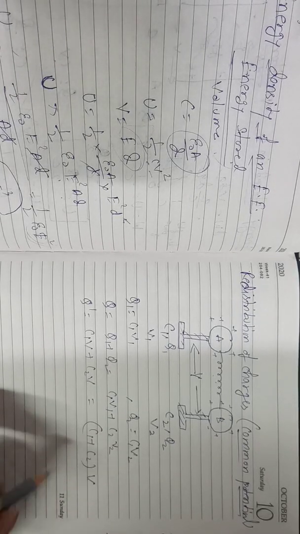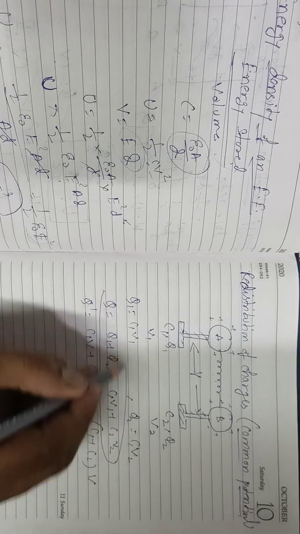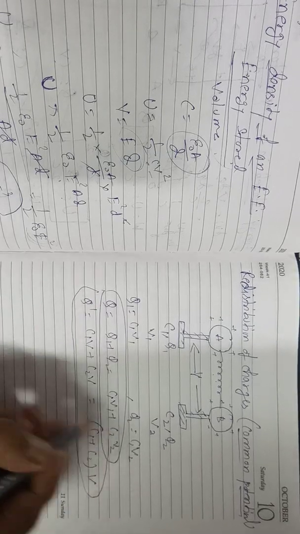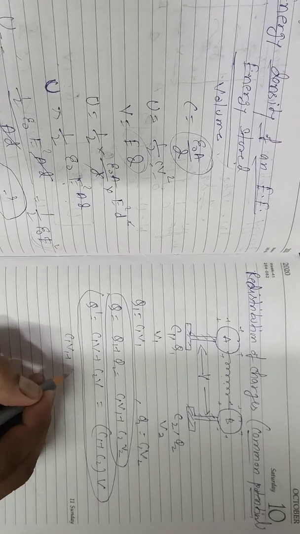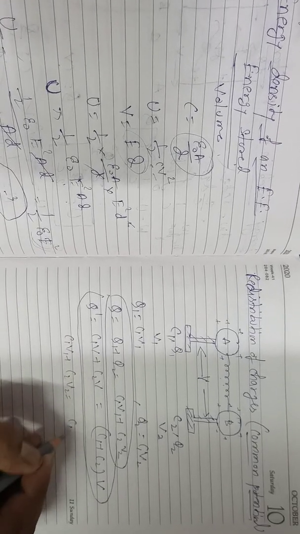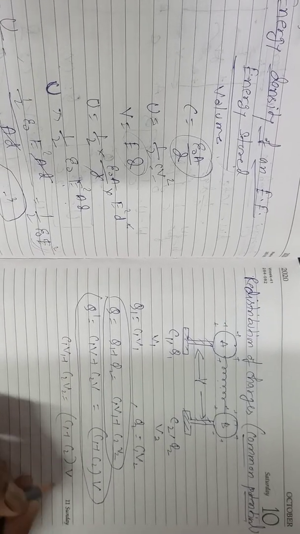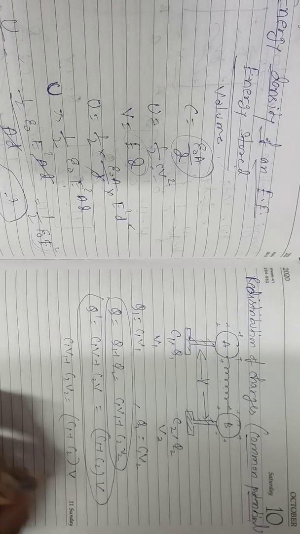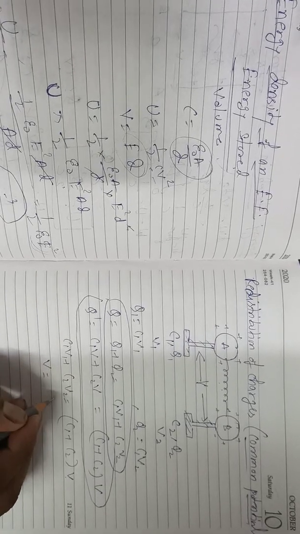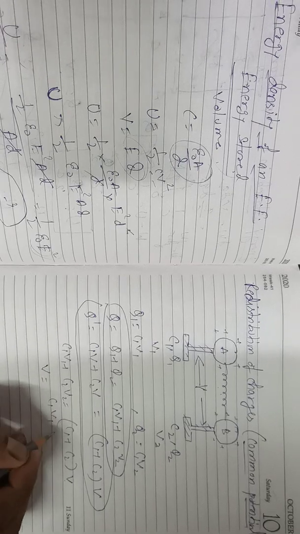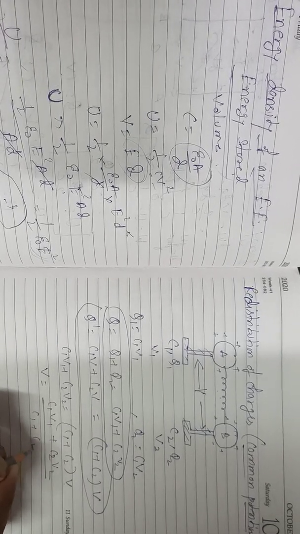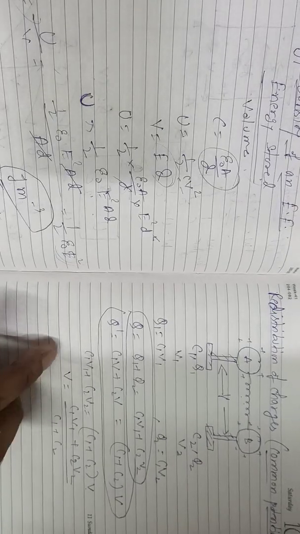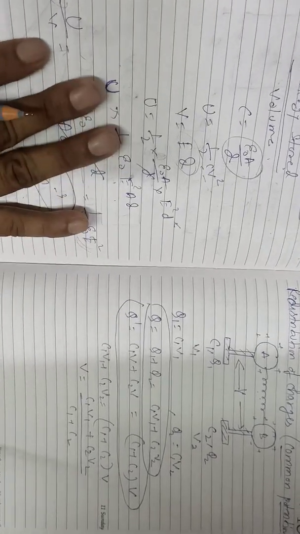According to the conservation of charge, these two charges should be the same. So C1 V1 plus C2 V2 equals C1 plus C2 into V, where V is the common potential. So the common potential will be C1 V1 plus C2 V2 divided by C1 plus C2. This is the value of the common potential.